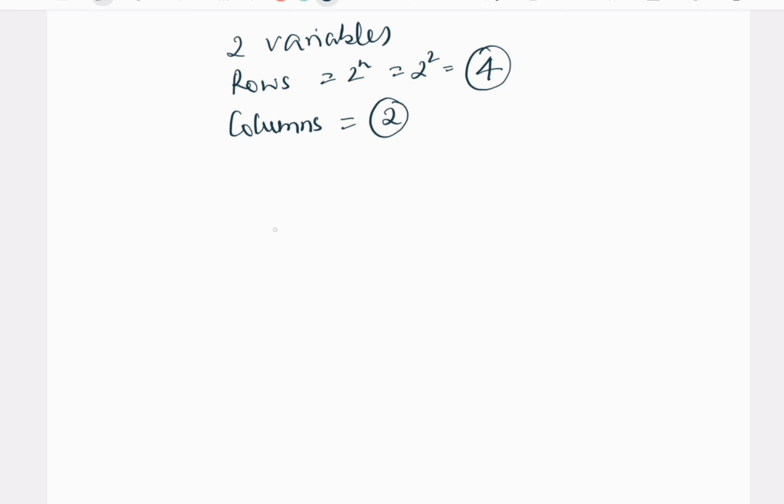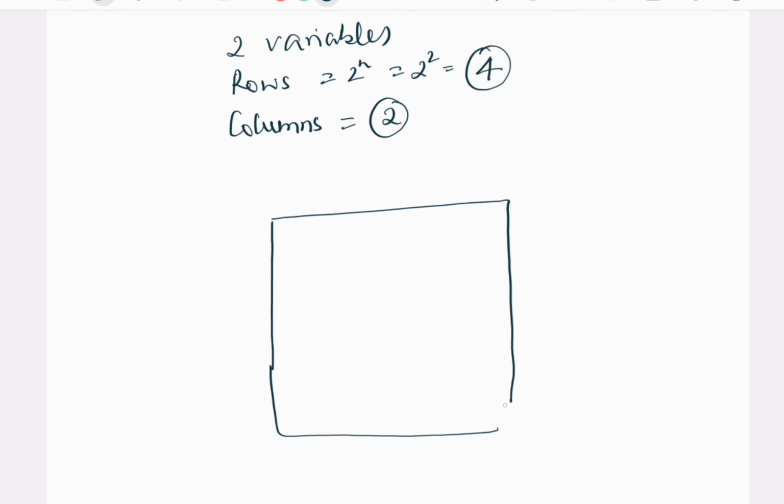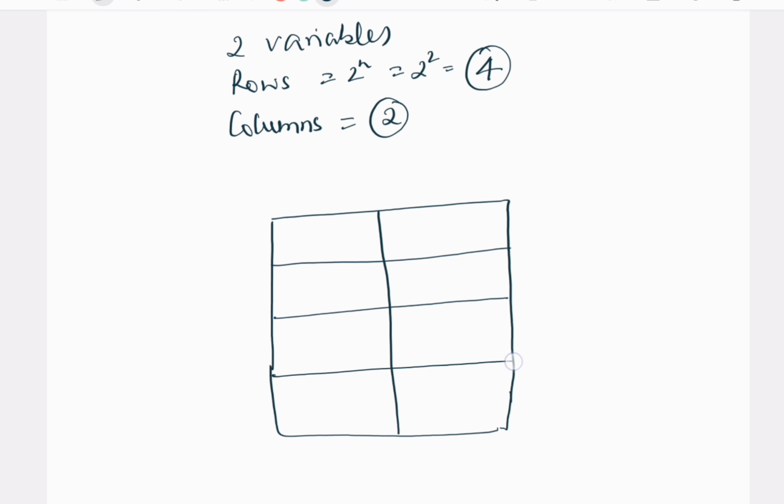Let's make a table that has 2 columns and 4 rows. Now the question arises, how do I input the values? So let me just add one more row on the top to represent the variables. So this is going to be A and this is B.